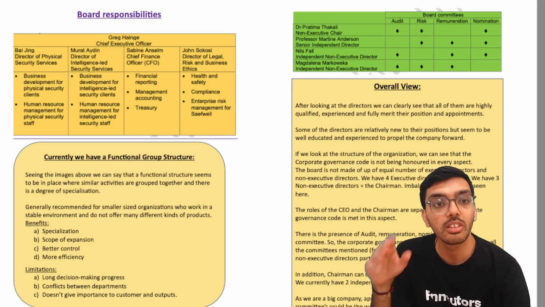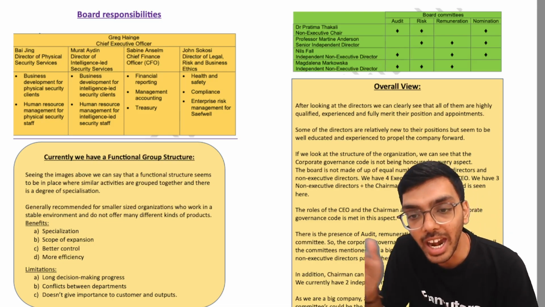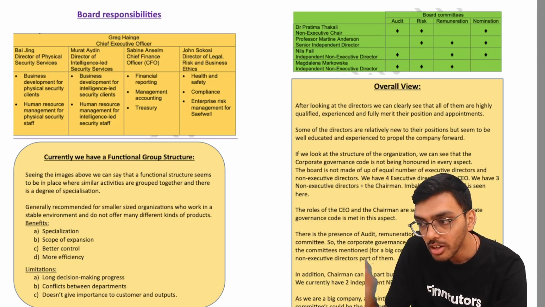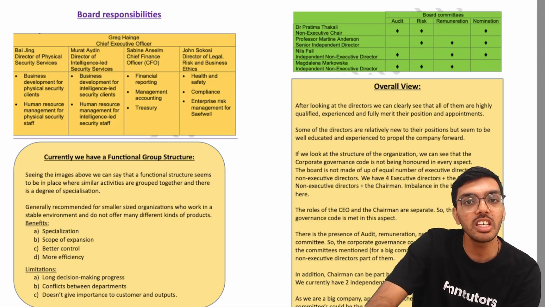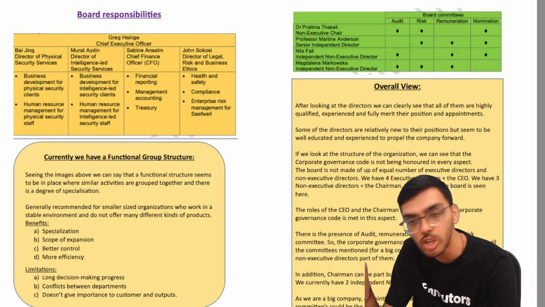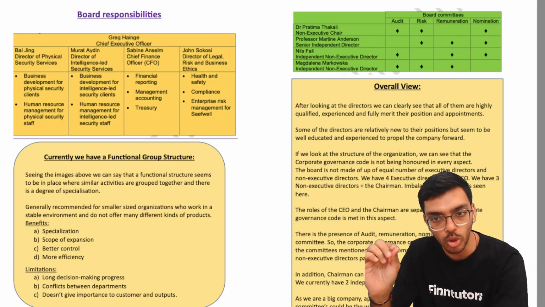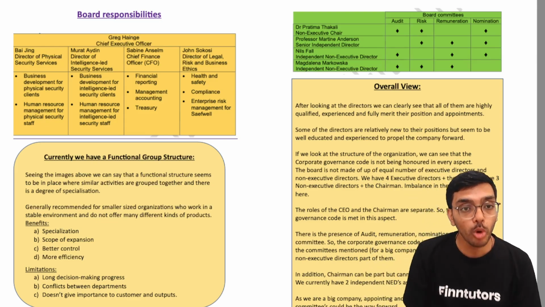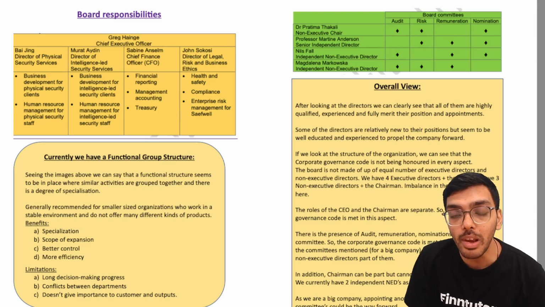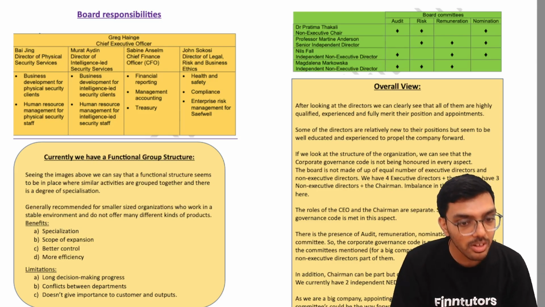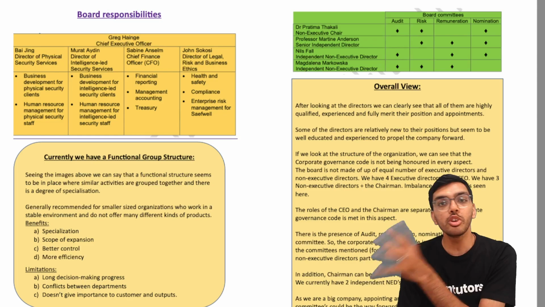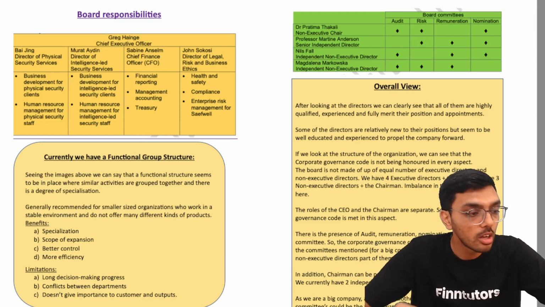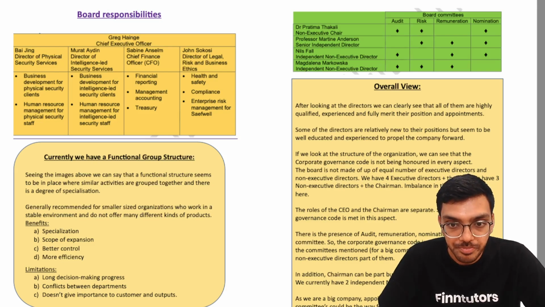The other rule is that the CEO and chairman should be 2 separate people. Tick mark. Greg is the CEO. Dr. Pratima is the non-executive chairman. Okay, good, being met. The corporate governance rule says that the board of directors should be made up of an equal number of executive directors and non-executive directors, so that there is not too much power given to the executives.